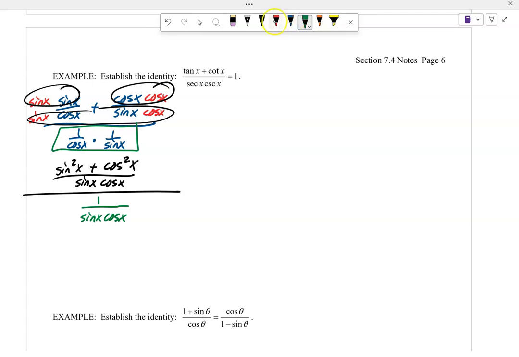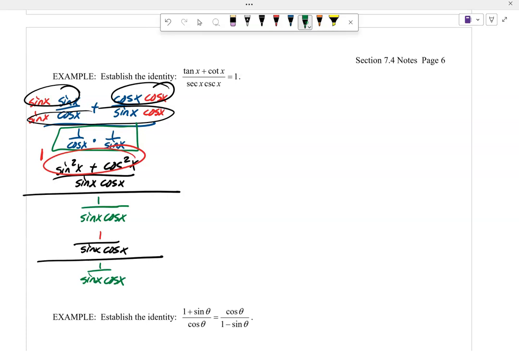Well, remember, sine squared plus cosine squared, this is 1. So what we have is 1 over sine cosine. This is all over 1 over sine cosine, right?